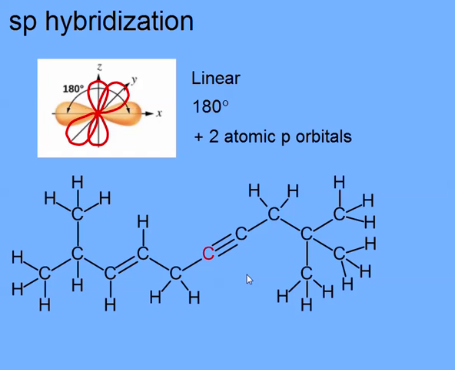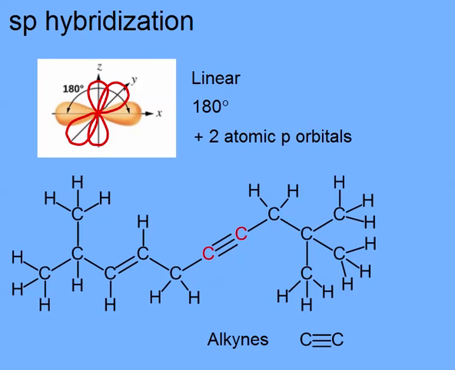Looking for the next atom which is sp hybridized, we have the other carbon, which is part of the carbon-to-carbon triple bond, and that's the most common way of identifying sp hybridized carbons. We're looking for atoms which are part of an alkyne bond, carbon atoms which are part of a carbon-to-carbon triple bond. So when we only get a count of 2 from the sigma bonds and the lone pairs around the atom, that's normally an sp hybridized atom.